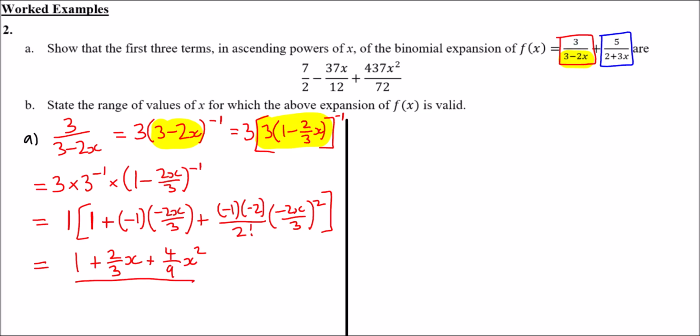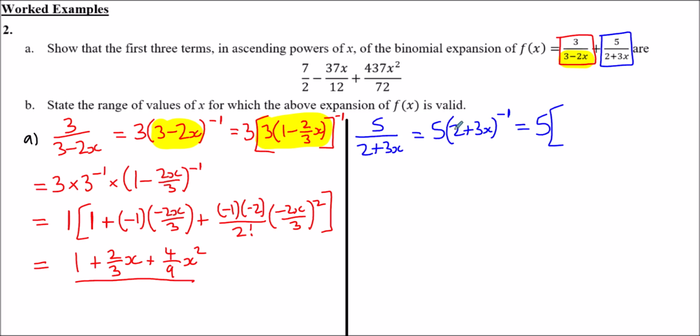Now we consider what 5 over 2 plus 3x is, in much the same way. So we need to think of this as being 5 lots of this to the power minus 1, because it's on the bottom, it's the denominator. So next, we leave that 5 as is, and we need to factorise out this leading 2.